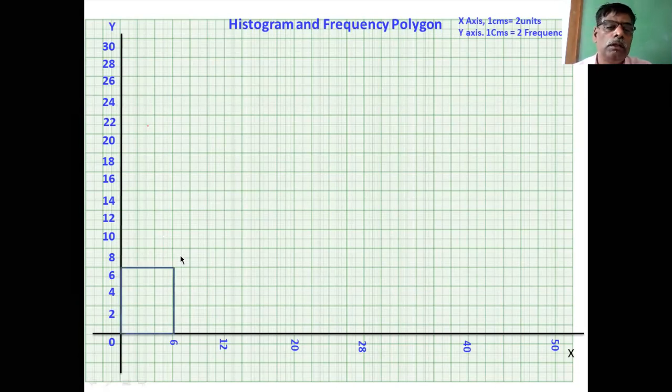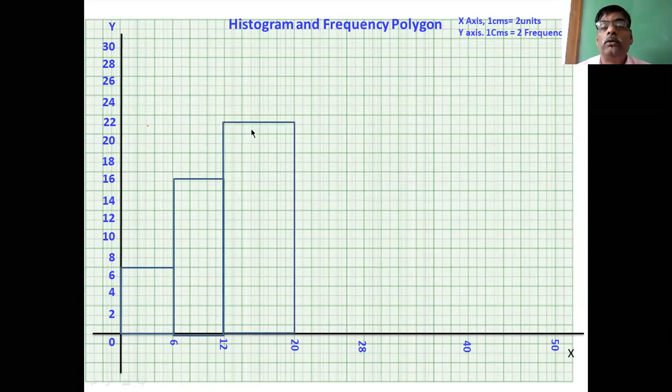First, the frequency for 0 to 6 is 6. Next, 6 to 12 is 16. For 12 to 20, I calculated 22.5.